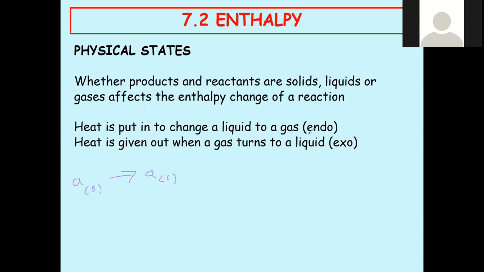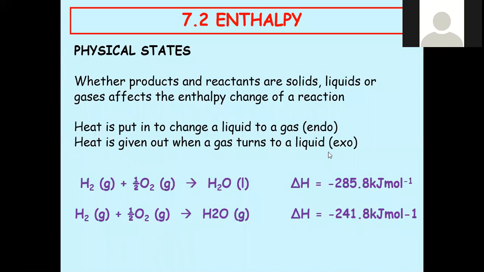Well, we know there that energy must have got put into the system. So it's endothermic. If you were getting this instead, we might think, oh yeah, that's an exothermic. It doesn't necessarily always apply, but that is something that we can start to think about.